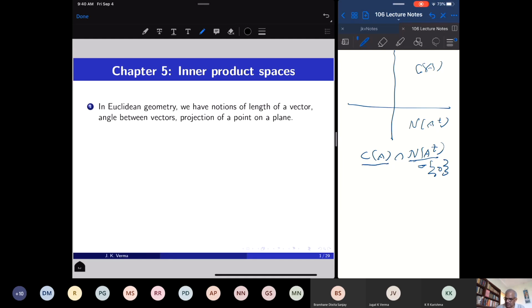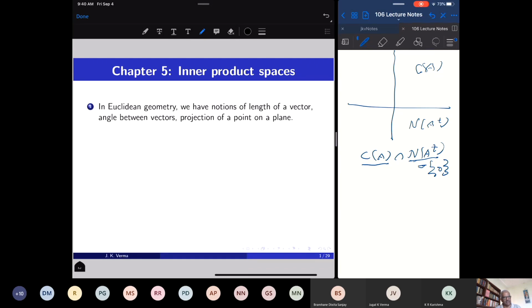Yeah, so the two subspaces, row space and null space, are perpendicular, and they span the whole domain. Similarly, the column space and null space of A transpose are perpendicular to each other and they span the whole codomain.